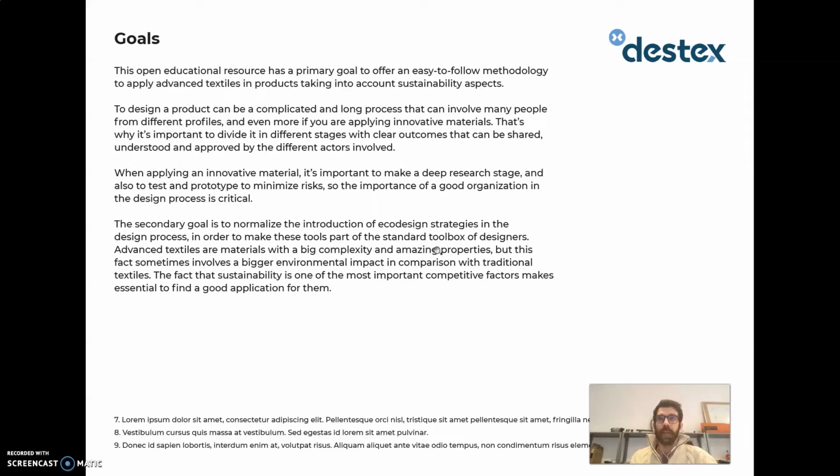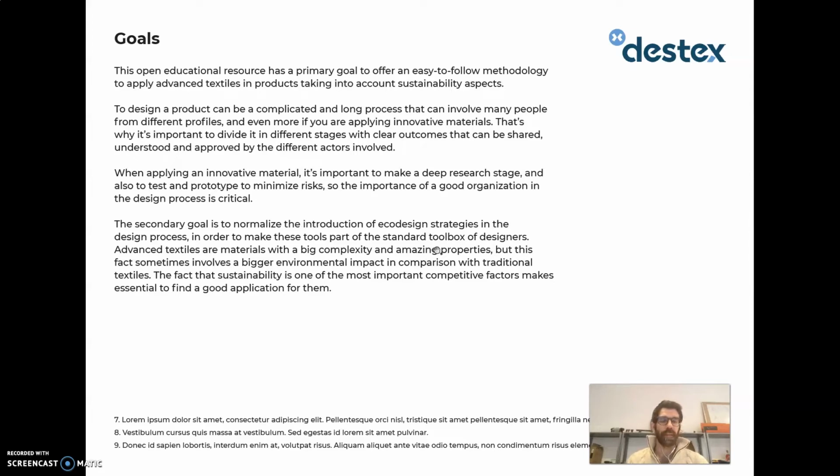The secondary goal is to try to normalize as much as possible the introduction of eco-design strategies in the design process. They should be part of every design process developed in this period, because clients want them and the market is asking for them.